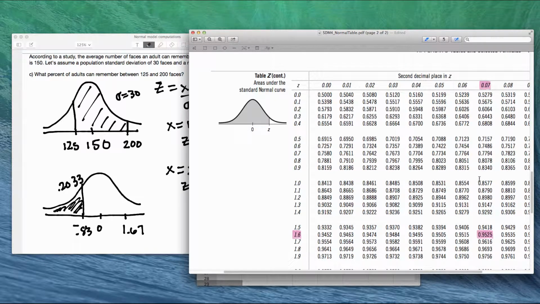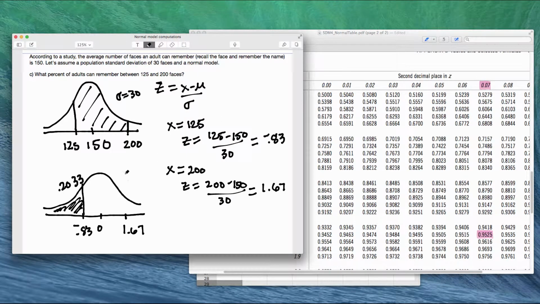We have a little more practice and we're familiar with these numbers. All right, 9525. Well, again, this is area to the left. So I just found the area all the way in this direction, 0.9525. That's a lot more area. It's actually way more than we needed.